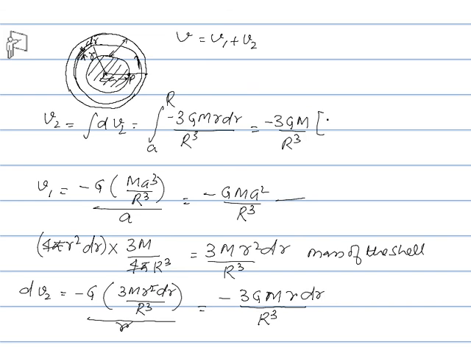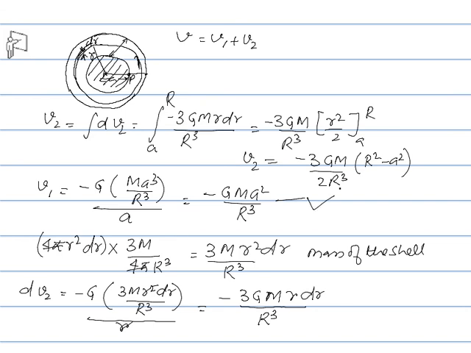Integration of r is r square by 2, a to r, so this is coming as 3 G m by 2 r cube, and this is r square minus a square, so this is the value of V2.